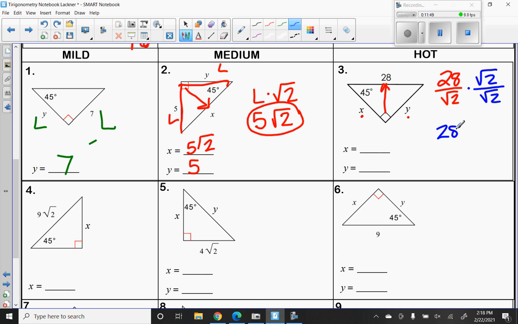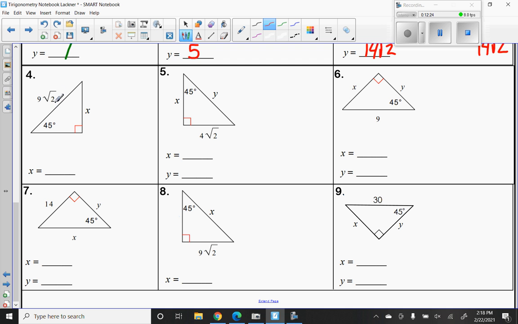This becomes 28 radical 2 over the square root of 4. This becomes 2. I'm actually going to go ahead and just say it's 2. And then 28 divided by 2 is 14. I can't take this any further because it'd be a decimal. Both of these are 14 radical 2. Rewind it if you need to, but I got to keep going.